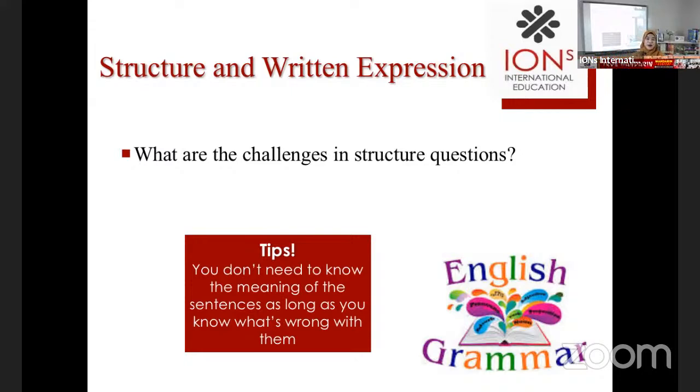Subject, verb, and then object, that kind of things, right? So, you don't need to know the meaning of the sentences. Ya, jadi teman-teman, section kedua ini bukan untuk mengartikan, menerjemahkan kalimat, but what you have to learn is the structure. Apa sih yang salah? Apa sih yang kurang? Ya, di sentence itu apa yang kurang, apa yang salah dari strukturnya.